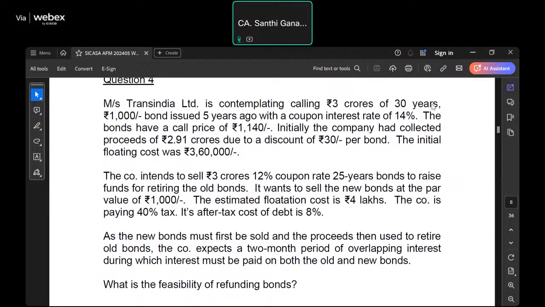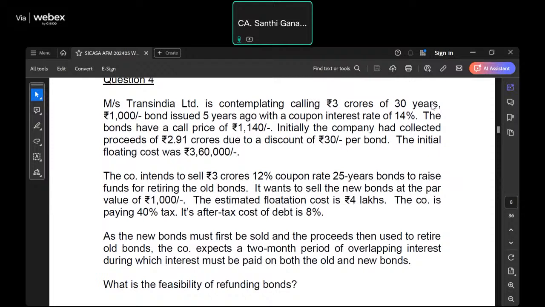So now, what is a callable bond? Callable bond, putable bond, you have also studied at the intermediate level itself. So now, what is a callable? Callable bond is a bond with an embedded call option. So what is the advantage?